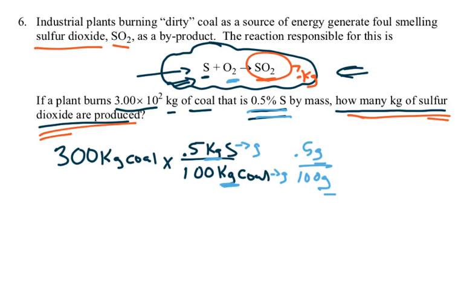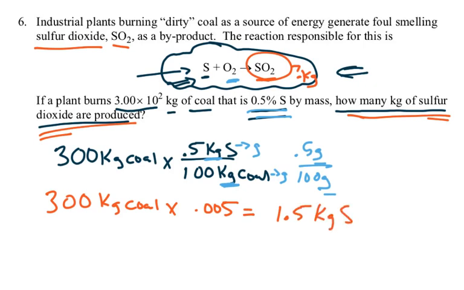So if we take 300 kilograms of coal times 0.005, that equals the mass of S. So it's 1.5 kilograms of S.